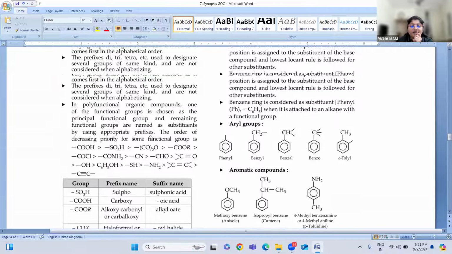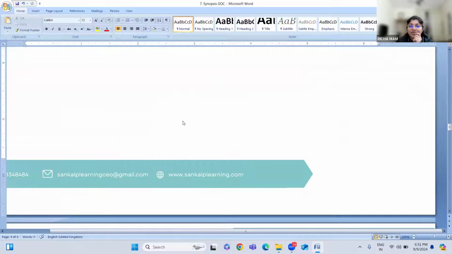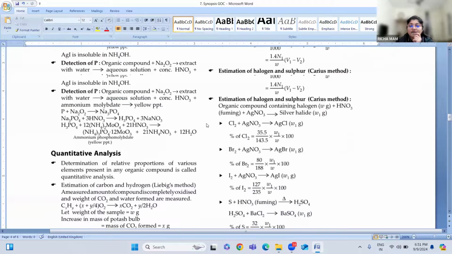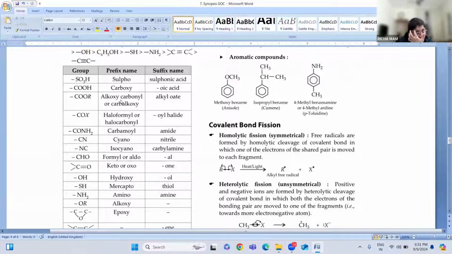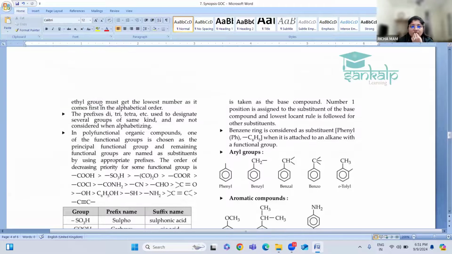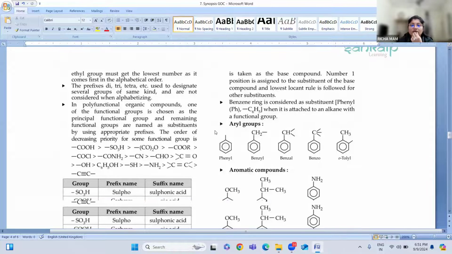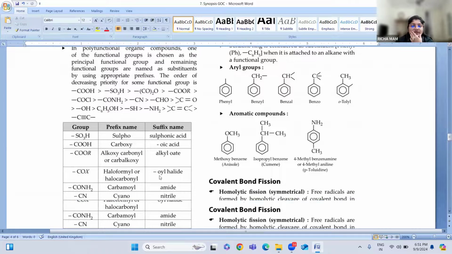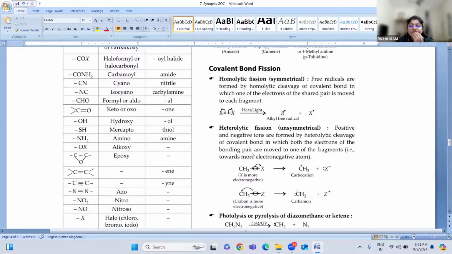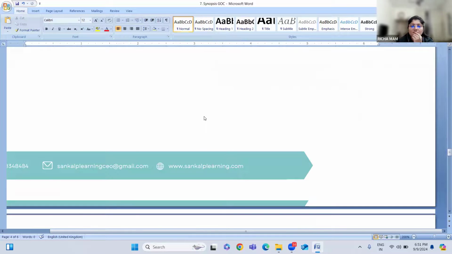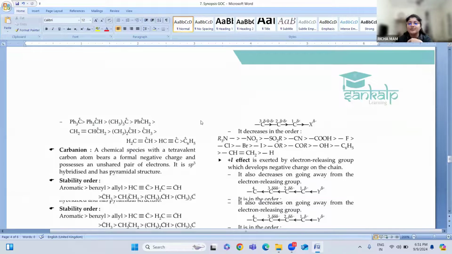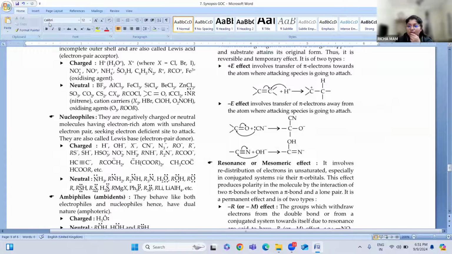Then very important is your IUPAC nomenclature. So these are the different suffixes, just see the different suffixes. Okay, let us see some of the questions now.